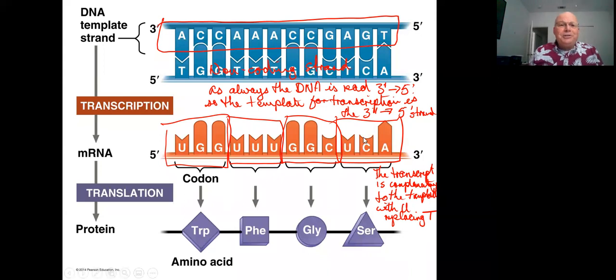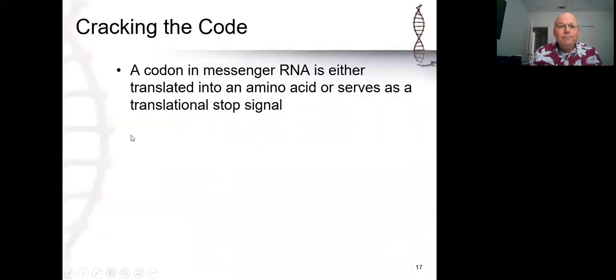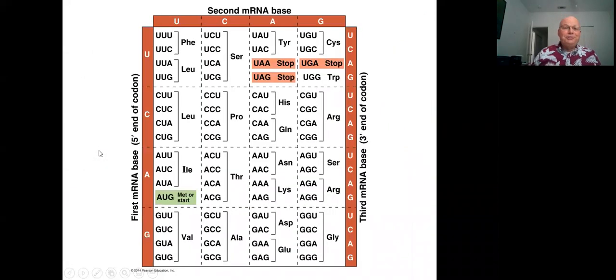So now that we understand what the flow of information is, let's take a look at the genetic code. So here's the genetic code, all 64 possible combinations. And there are several things that stand out in the genetic code. Number one, we do need to remember that what we're dealing with is at best a collection of letters.